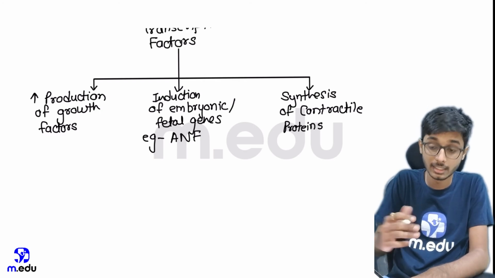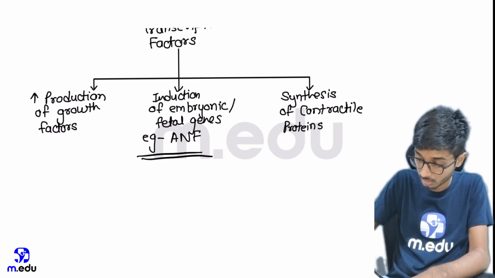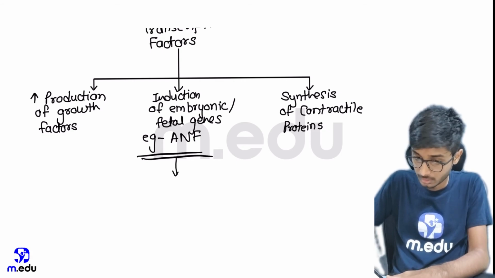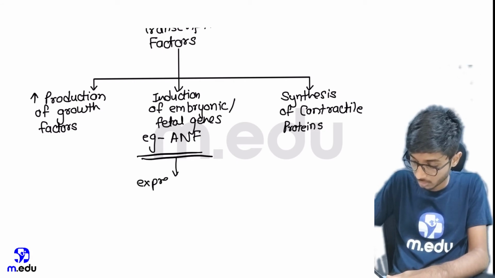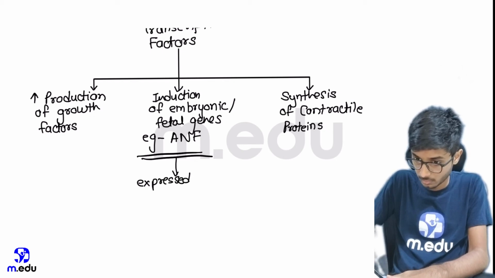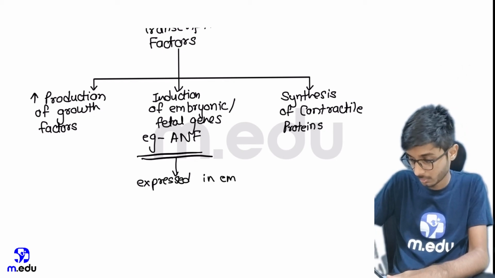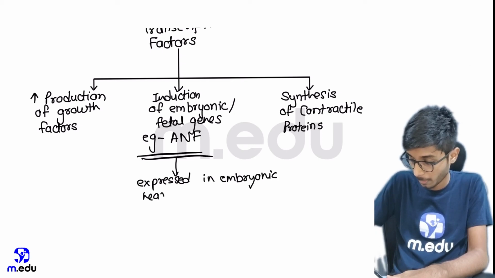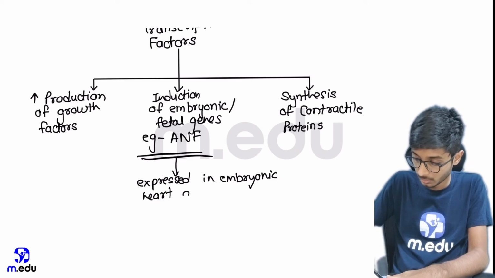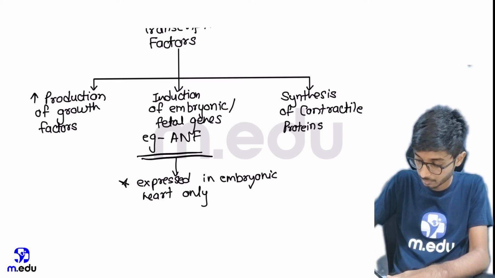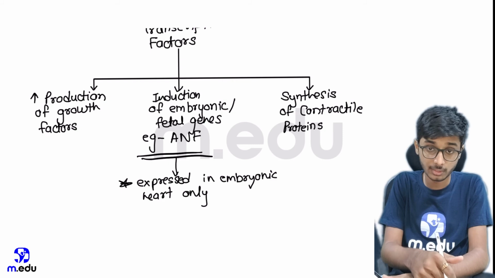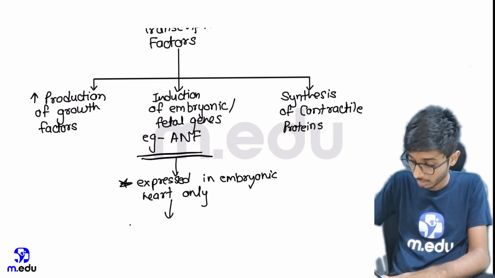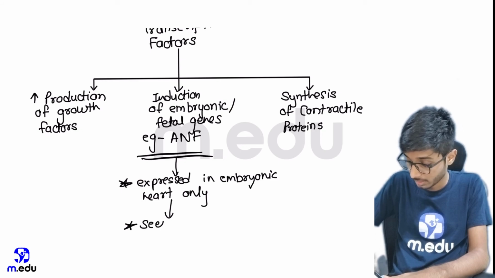Now I understand that you guys may not understand what this basically does. So what happens is that ANF is actually expressed in the embryonic heart only. This factor is not seen after birth of the child, but in a cardiac hypertrophy, this is seen again.